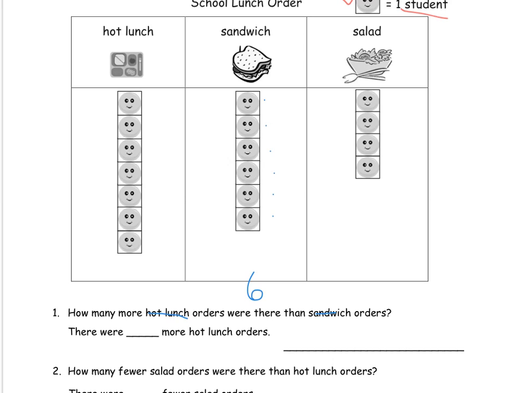Hot lunches I have 1, 2, 3, 4, 5, 6, 7. So they want to know how many more were made, meaning we're going to find a difference. And I know that it's going to be 1. Now I need to write my number sentence of how I solve that. And I'm going to do 7 minus 6 equals 1 to show how I got that 1.